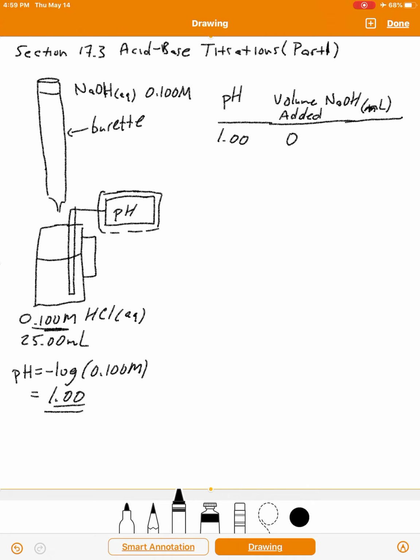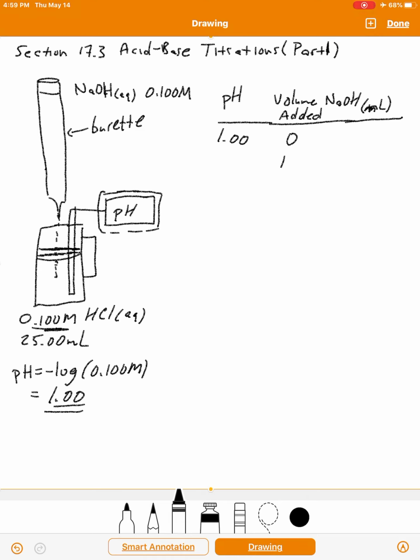Okay? So now, let's do a little bit of the titration. So in the next calculation, we're going to add 10 milliliters of sodium hydroxide solution. So we're going to open up a valve in the burette and add sodium hydroxide, and the volume is going to go up 10 milliliters. Okay?